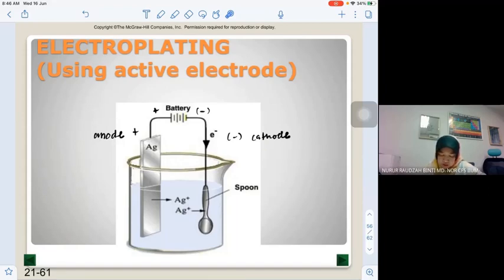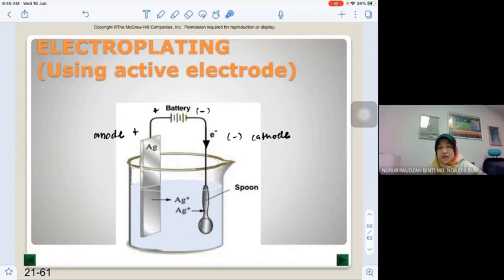While at the anode, what happens is oxidation. So what is oxidized? Since we are using an active electrode here, the silver itself, the solid silver will undergo oxidation and turn to Ag+. So Ag+ ion is produced at the anode, and Ag solid is produced at the cathode.